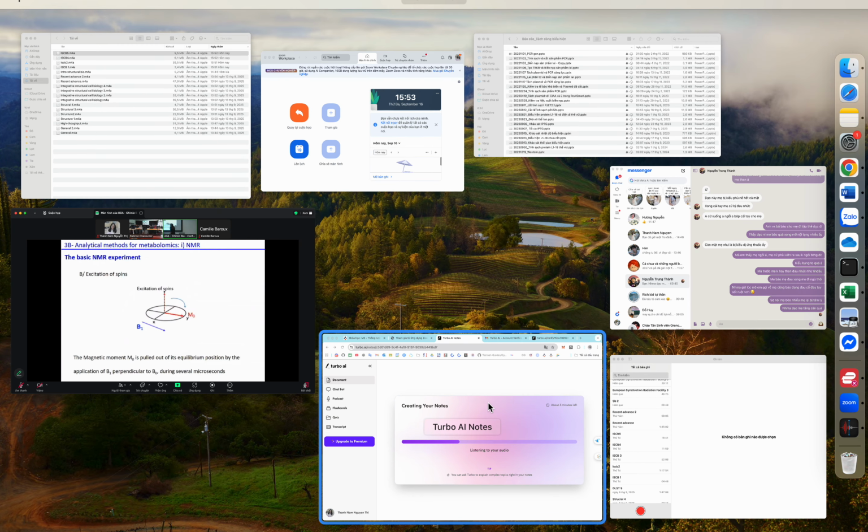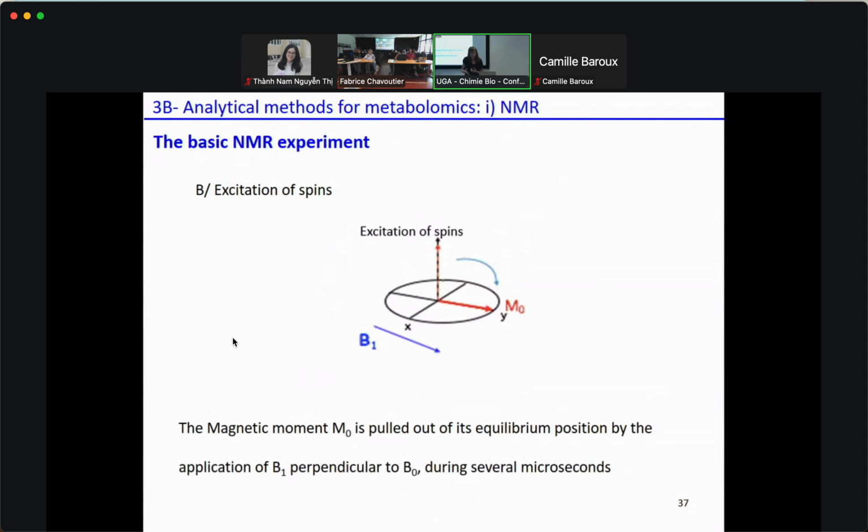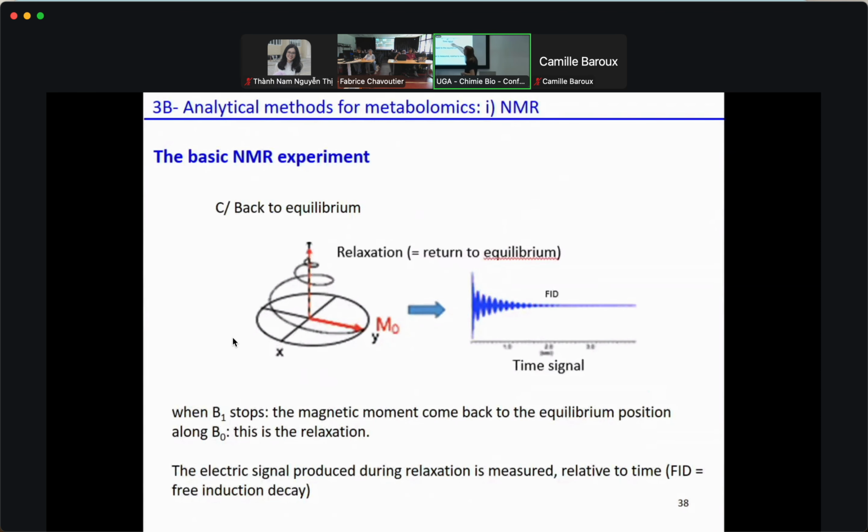When we excite them, they are pulled out of the equilibrium position, and when we stop the excitation, they come back to equilibrium, and this produces a small electric current, and we measure this current. This current contains the signal of all the protons in the sample, and they all have a different signal. This is the very, very basics of NMR, but it's interesting to know.